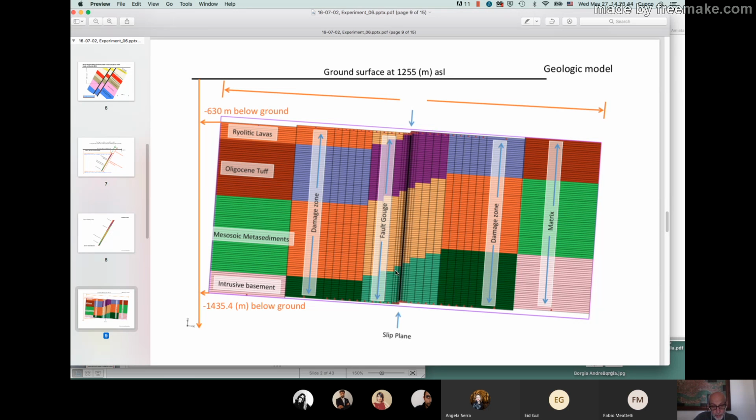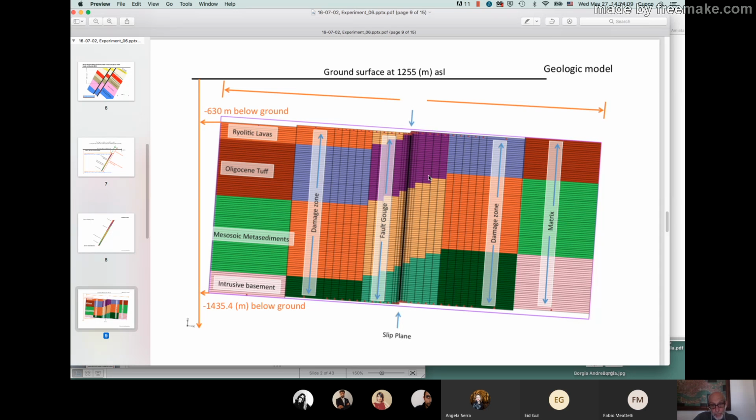Now I'm injecting supercritical CO2 here, and I will show you that the CO2 remains strictly inside the faults and never enters the rocks, even the damage zone.